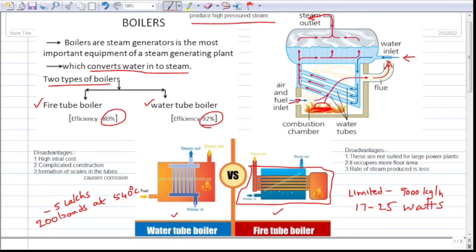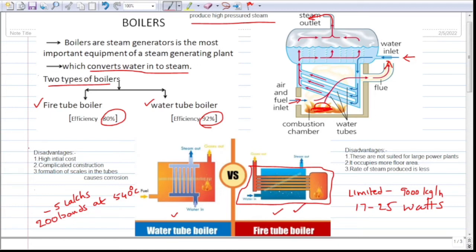This particular construction is the water tube boiler, in which the water flows in the tubes. Whereas when the gases pass through the tubes and these tubes are surrounded by water, that is the fire tube boiler.